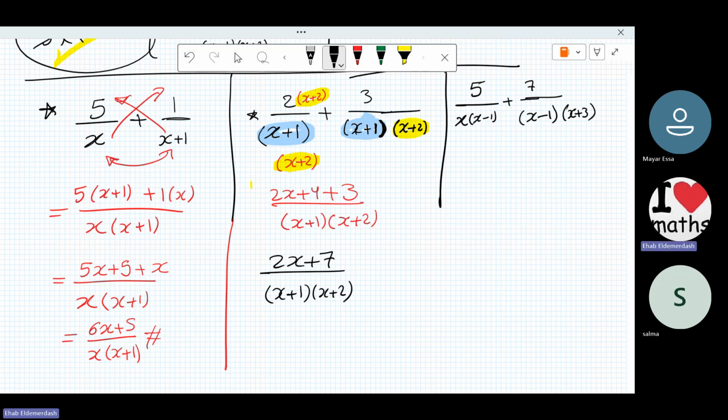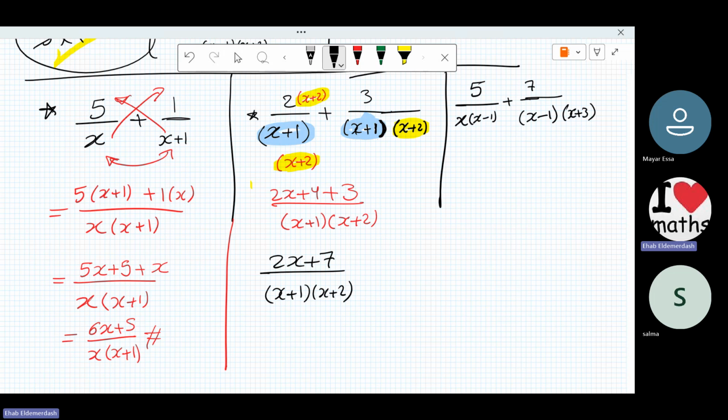غلط. ما هي موجوده اصلا تتضرب في 3 ليه؟ يعني انت عندك الاكس بلس 2 اوريدي موجود على الدينومينيتور بتاعت الرايت سايد. طب ليه انا اعمل لها multiply تاني؟ انتم مش بتحفظوا math. It's not for memorizing. You have to use your brain.